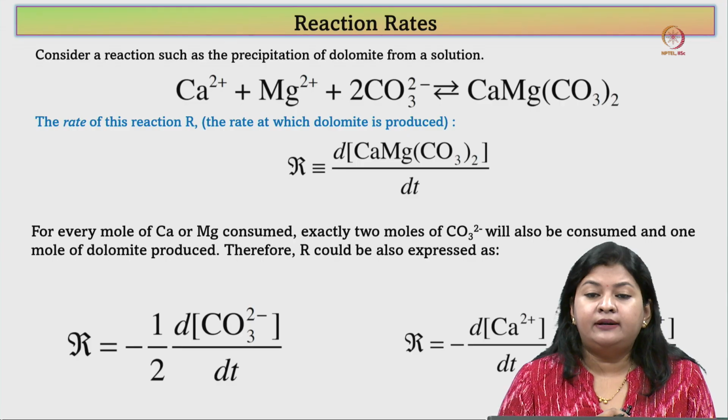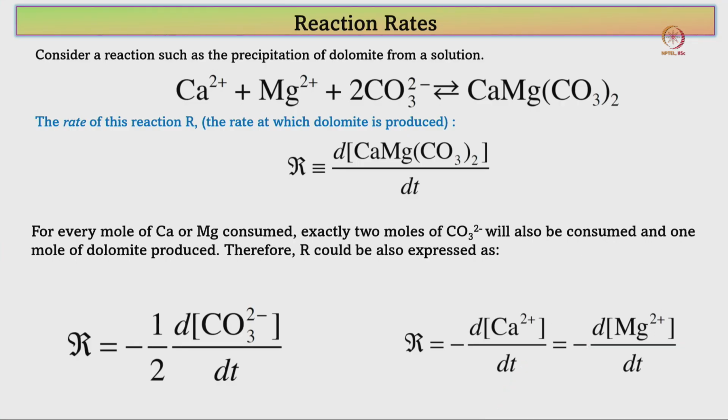Now, how do we write? As I said, in terms of kinetics, we are going to talk in terms of rate of the reaction. So, we are going to determine this term called rate of reaction. For example, there is precipitation of dolomite from a solution. The reaction is written as calcium plus magnesium plus carbonate forming calcium magnesium carbonate.